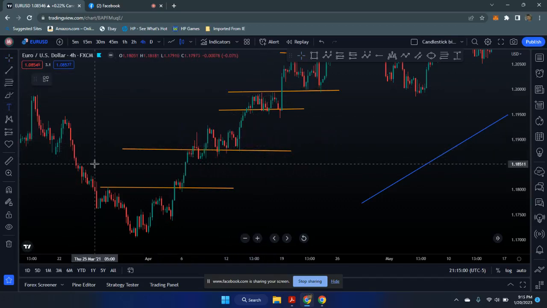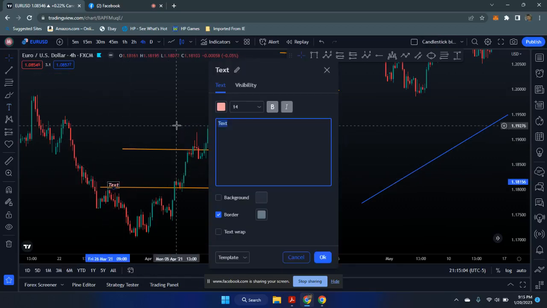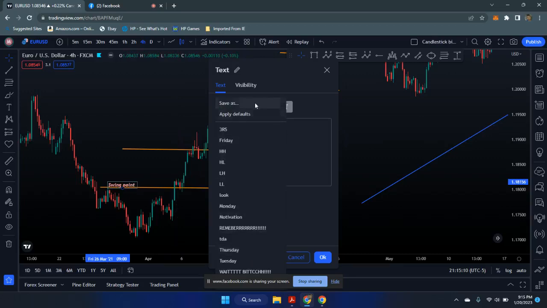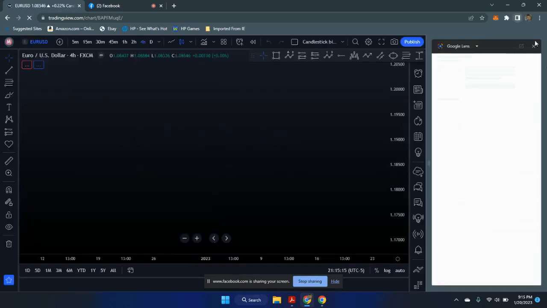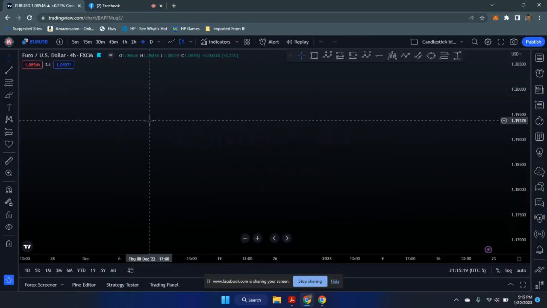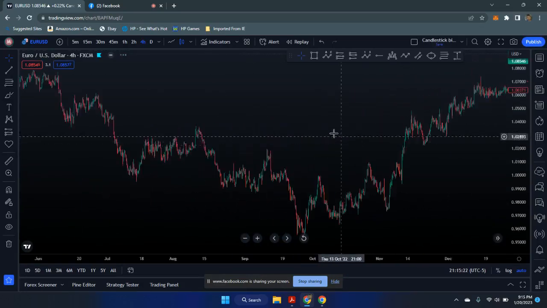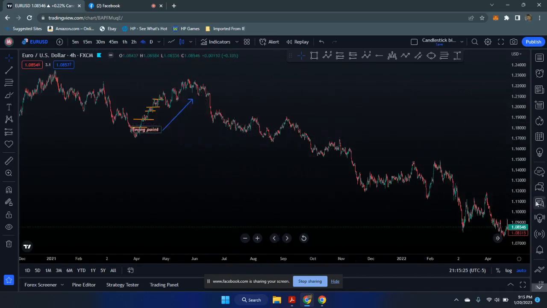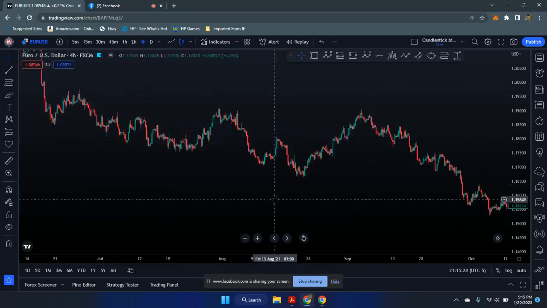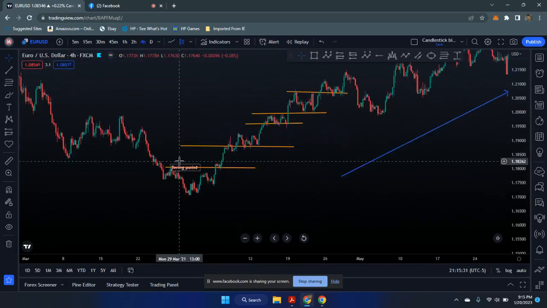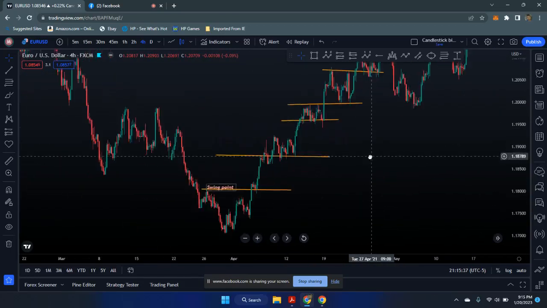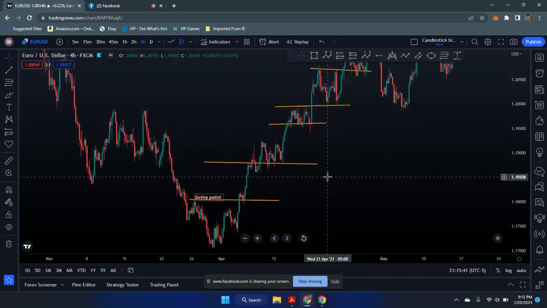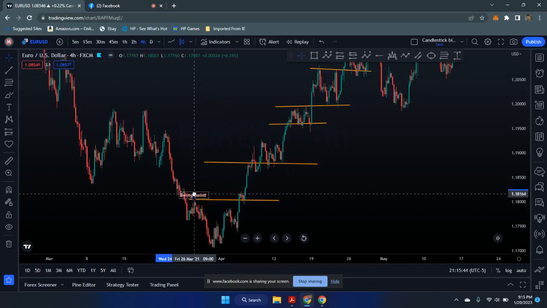So we have our swing point. Let me take this off. So this is that previous swing point.